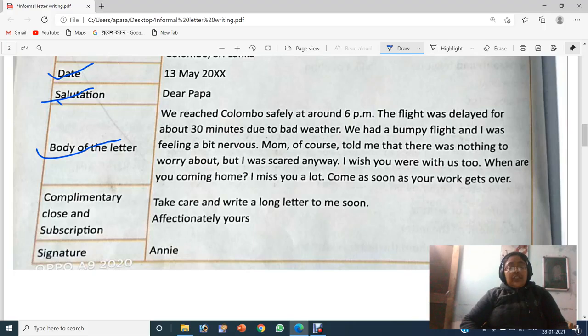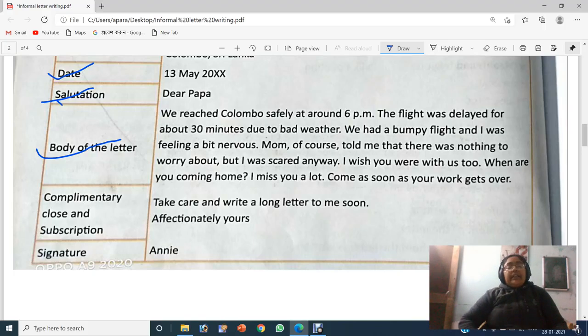But the little girl Annie misses her father, and she tells him to come home as soon as his work gets over. So, children, you get to know that the body of the letter is very important. We can communicate whatever we want to say to the person whom we are writing the letter.